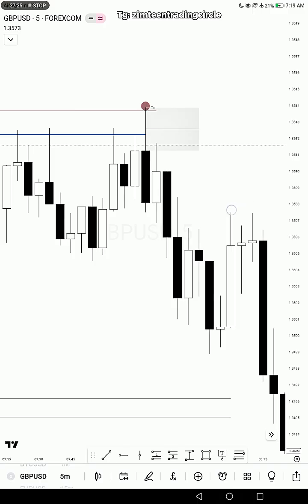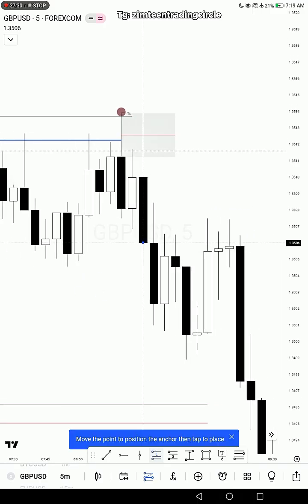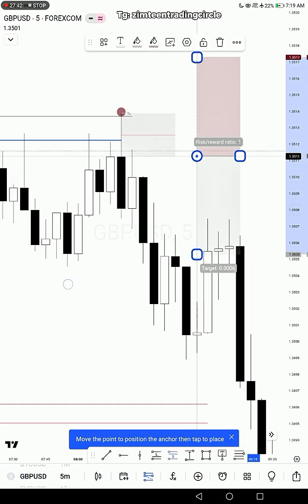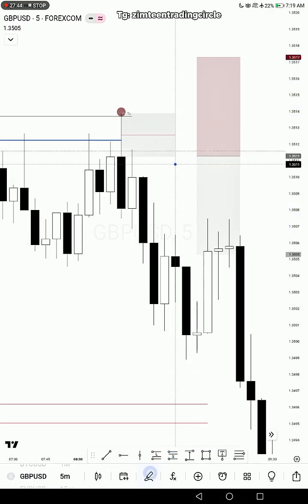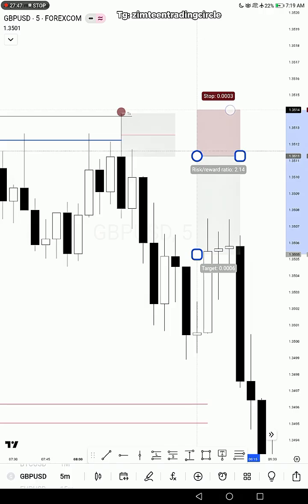Now let's talk about this quickly. Then we choose the short position, and this is our entry zone right here. Immediately retraced, tapped, and that was a nice trade.